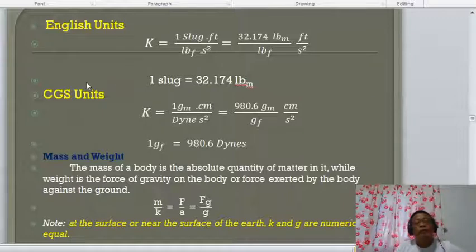Now, the question is when the value of K is unity or not. That is very simple.